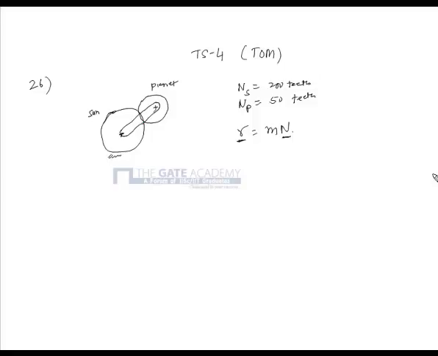A typical way to solve these planetary gear problems is to draw a table targeting the speeds of arm, sun and planet. First we keep the arm stationary, so it has 0 rpm, and if the sun gear rotates by x, then how much does the planet gear rotate? So x is the rpm of the sun gear, and we need the planet gear rpm.